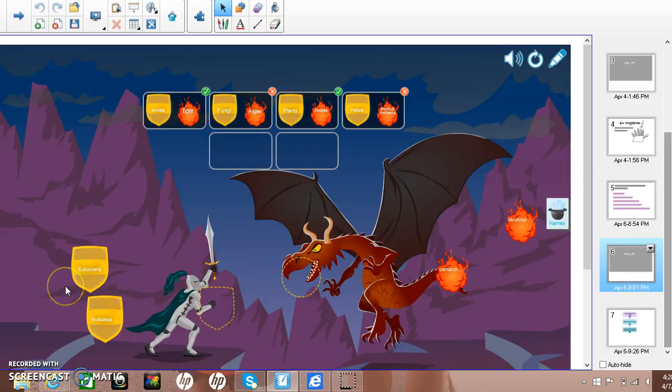Next. Okay. I'll have the eubacterium. And I'll have the one right beside the dragon tail.